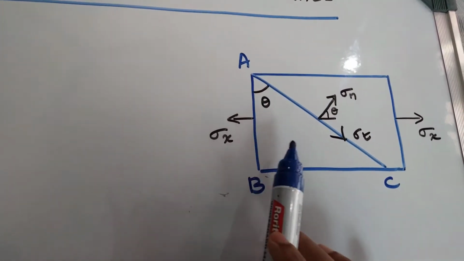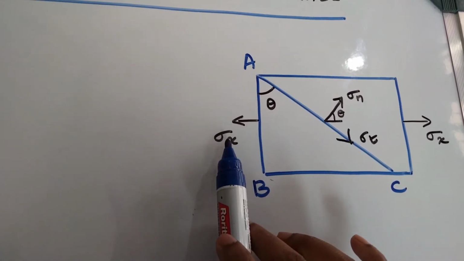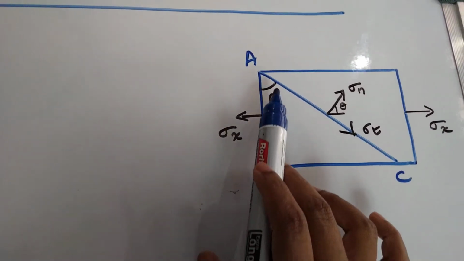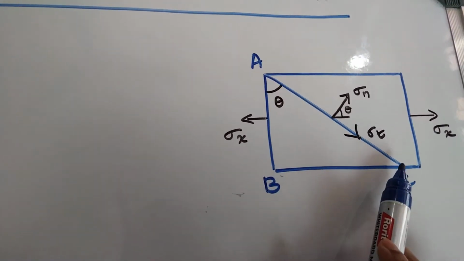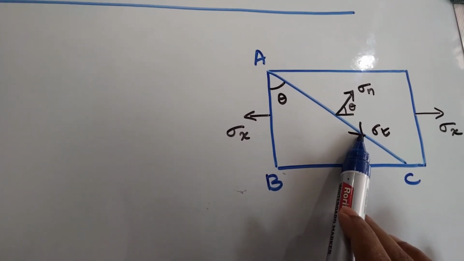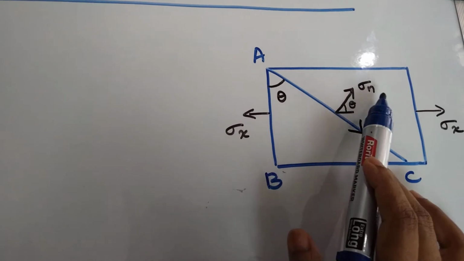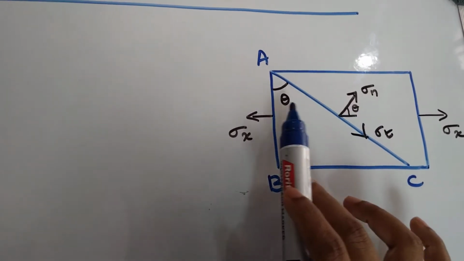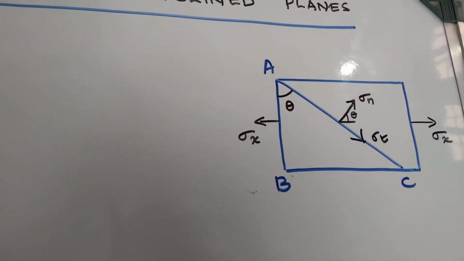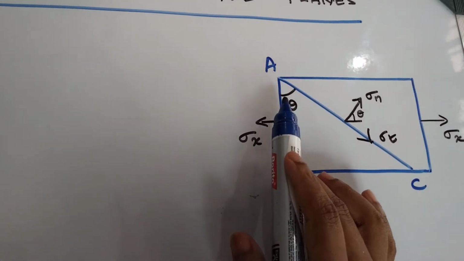This is a rectangular bar subjected to uniaxial stress sigma x along the x-axis. The normal to the plane AC makes an angle theta with the x-axis.